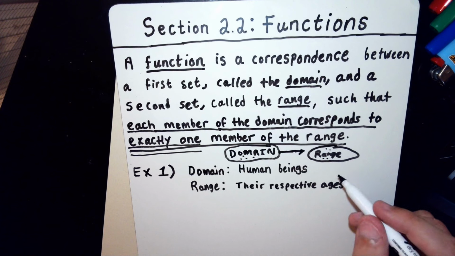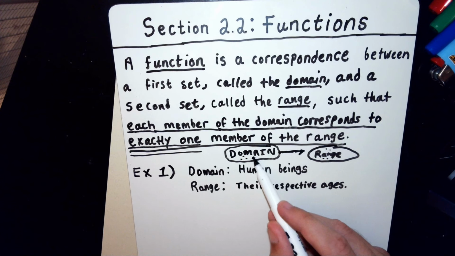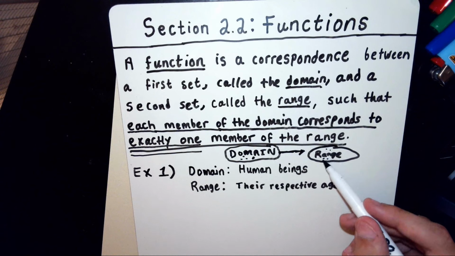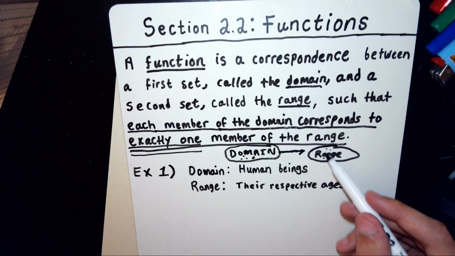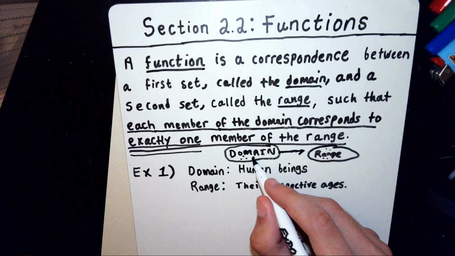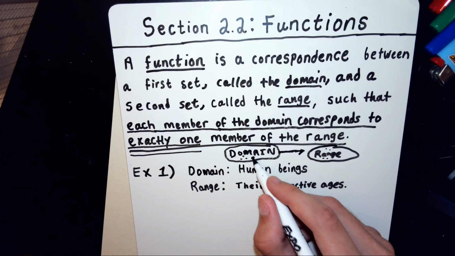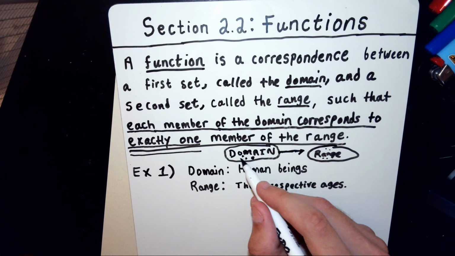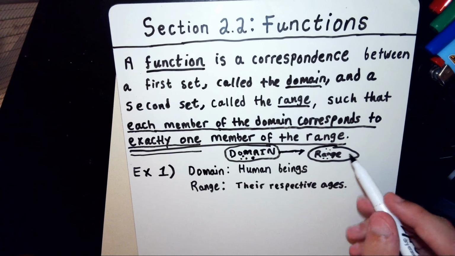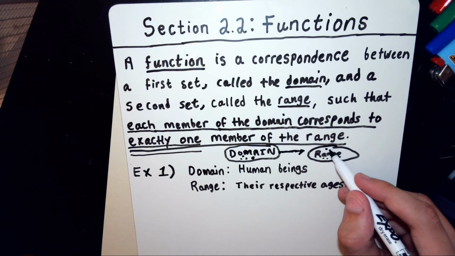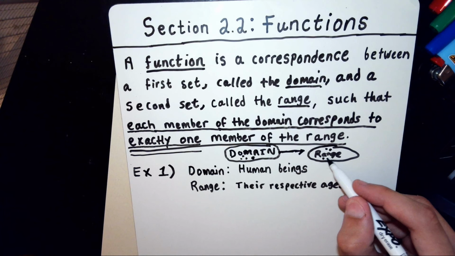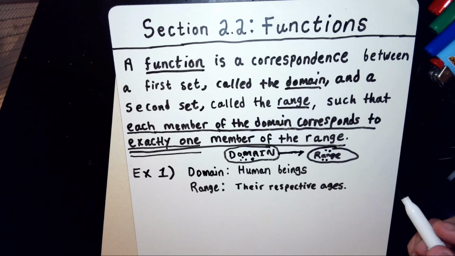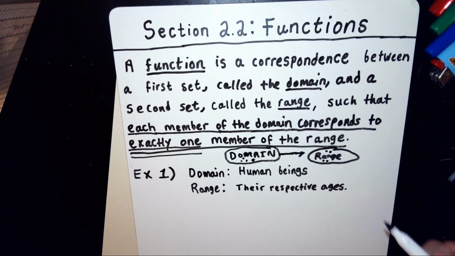So for example, if a single member of the domain corresponded to two different members of the range, that would not be a function. It's only a function when each member of the domain is associated with exactly one element of the range. So that still might be confusing, but let's look at some examples now.